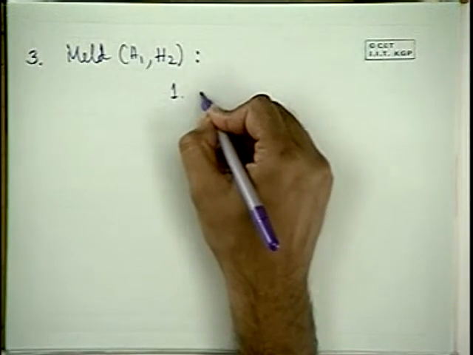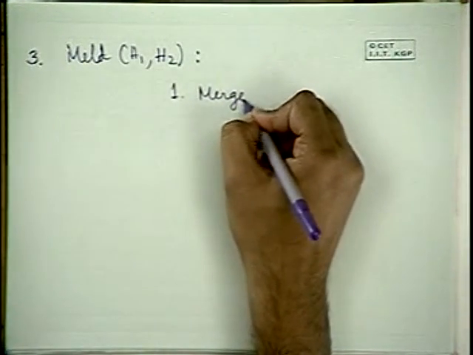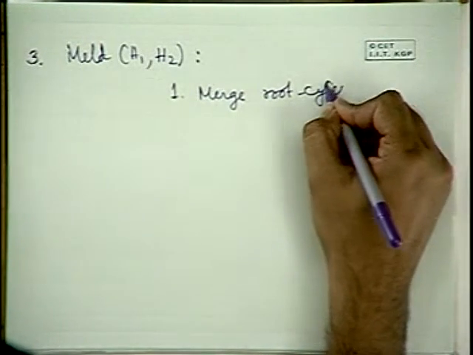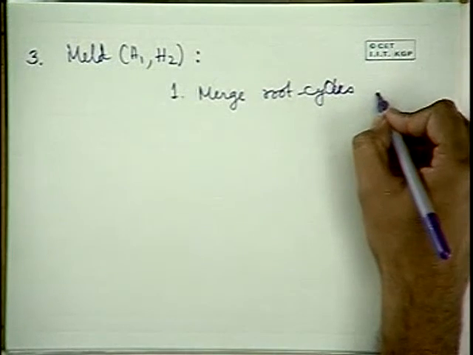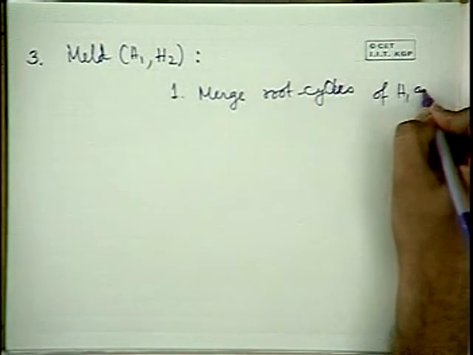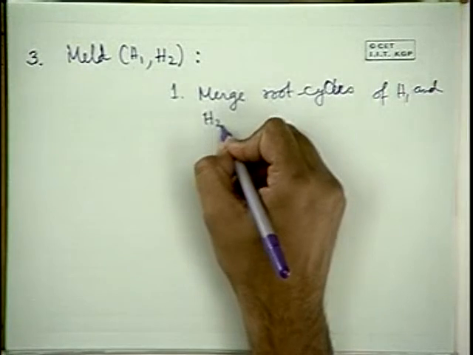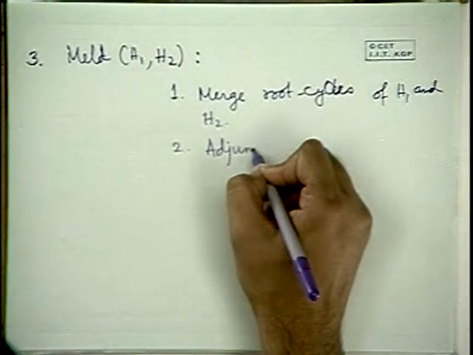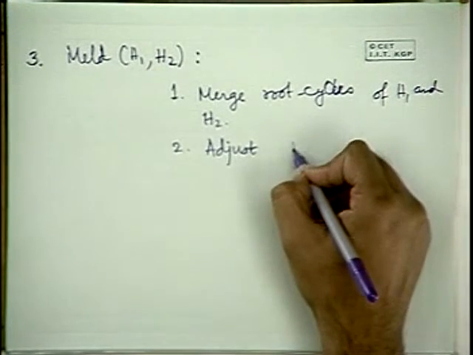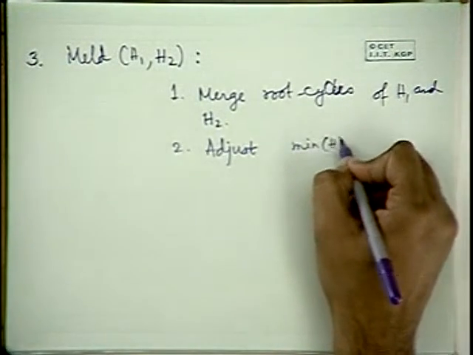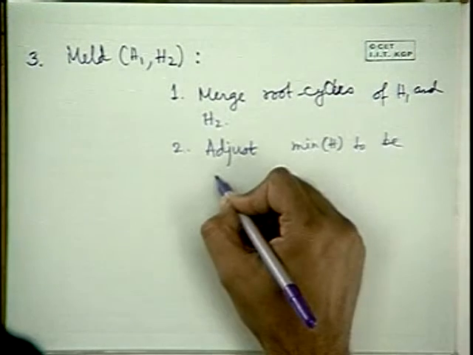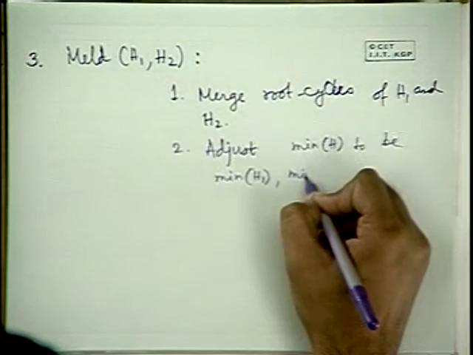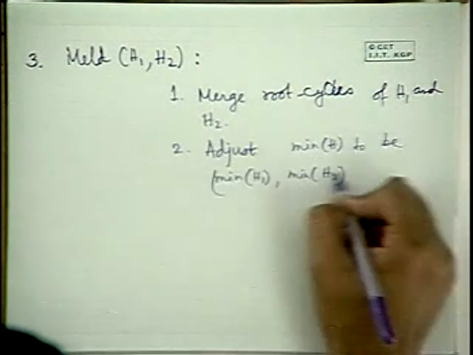First thing is you merge the root cycles of H1 and H2, and second you adjust min H to be the min of min H1, min H2, and take the min of this.